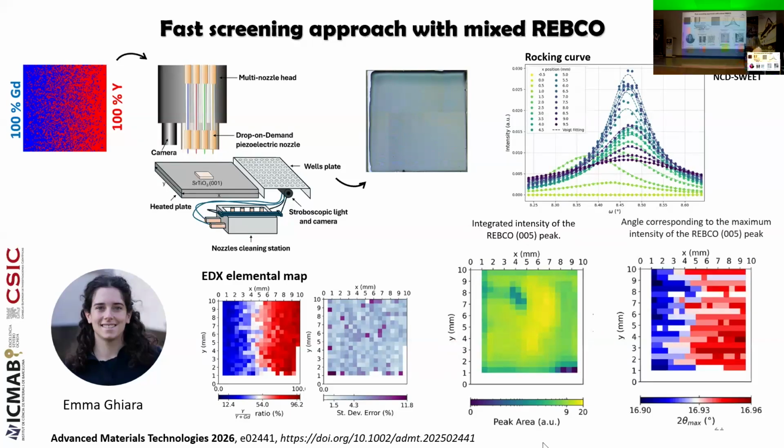Then we also checked the angle corresponding to the maximum intensity of the REBCO 005 epitaxial reflection peak. And we can see the differences between gadolinium and yttrium, which is consistent with Bragg's law because yttrium is much smaller and gadolinium expands the lattice parameter. So here we have a higher 2 theta degrees because we have a smaller d spacing.